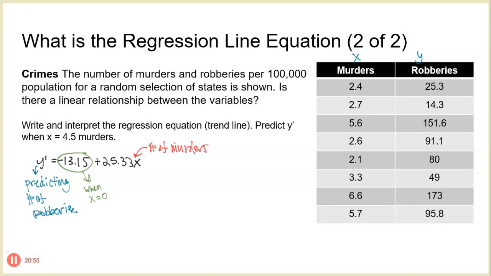So we expect an average increase of 25.33 robberies per murder.